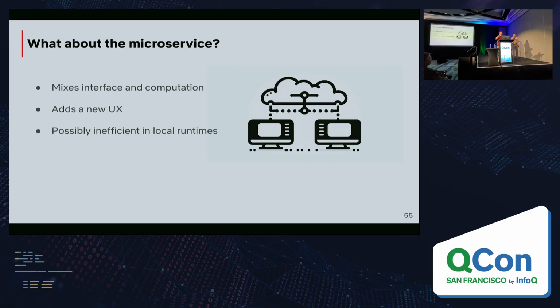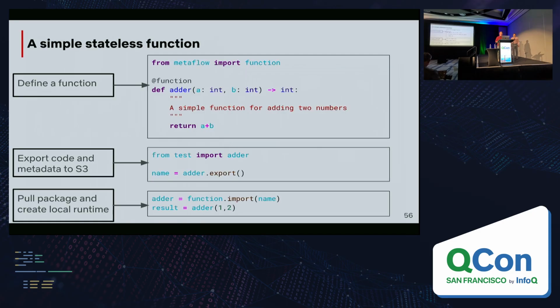It adds a communication protocol on whatever your core computation was, like REST in the case of Metaflow hosting, or gRPC. And that sort of mixes two concepts together that we would like to be separate for the user. It's also possibly inefficient. It's choosing a runtime, a networking runtime for you that may not be appropriate for all of those different relocatable scenarios.